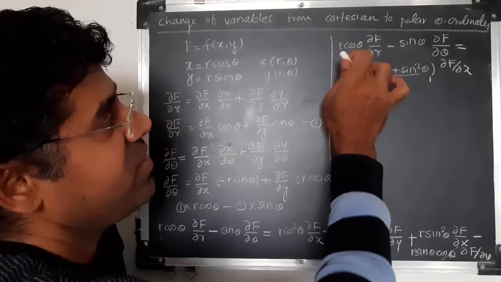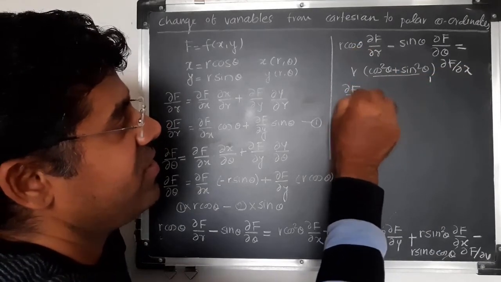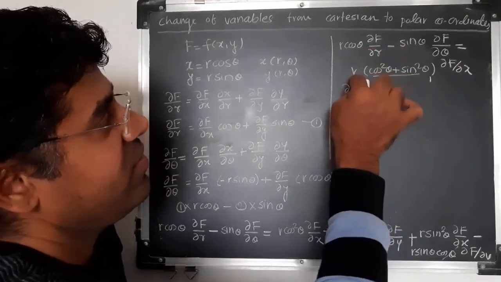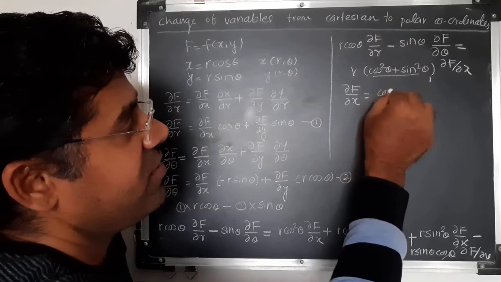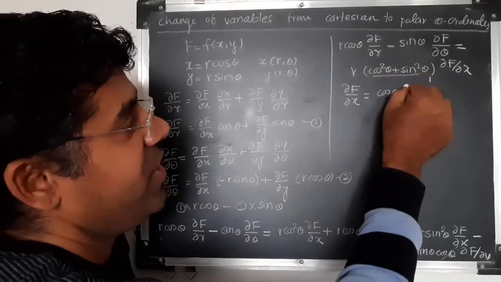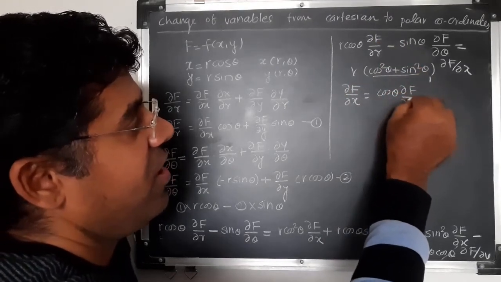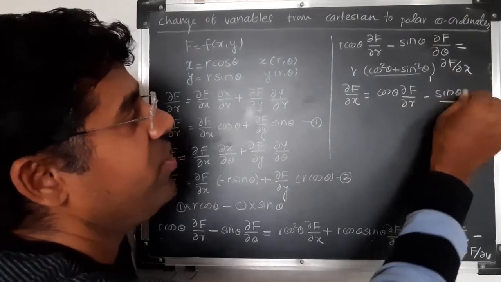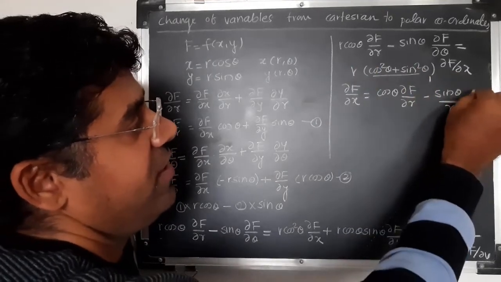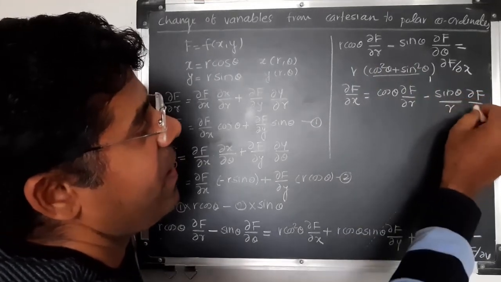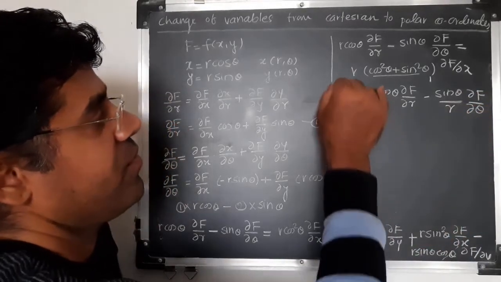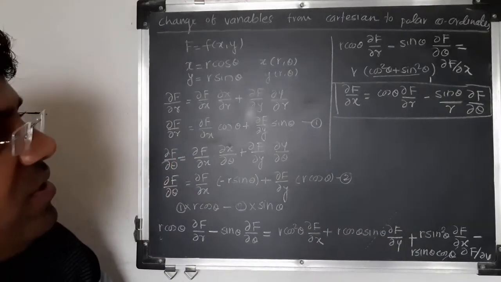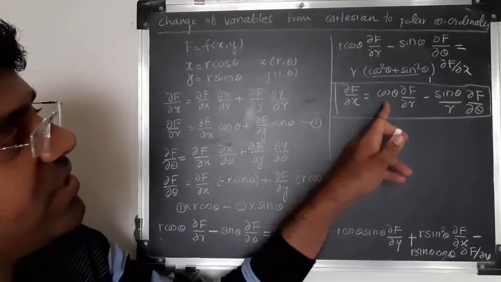And r I will send to this side, so this ∂f/∂x is equal to r cos theta divided by r, so this is cos theta ∂f/∂r minus sin theta upon r, divided by r, ∂f/∂theta.